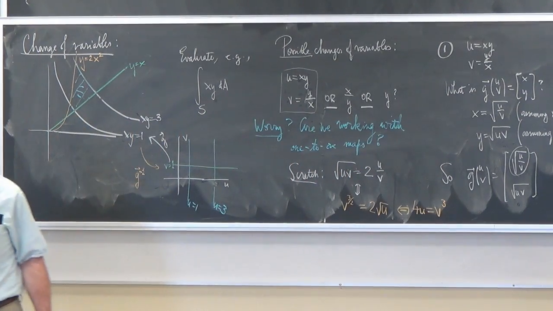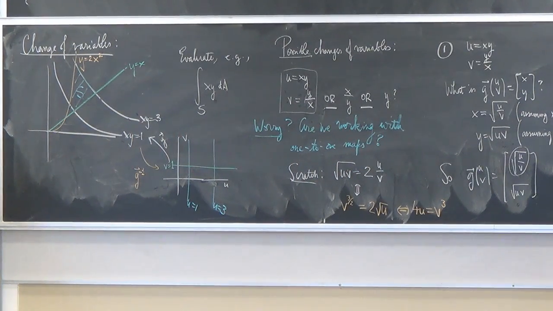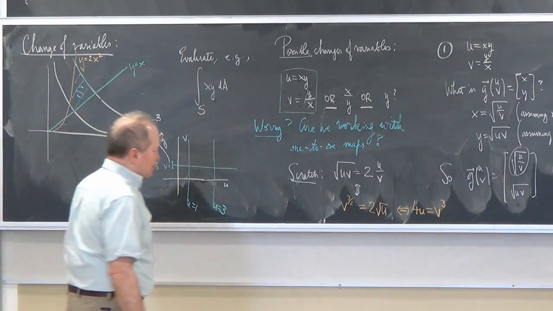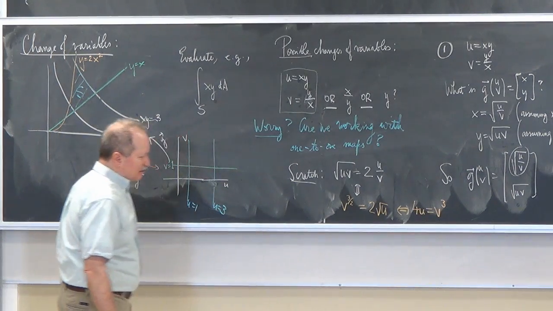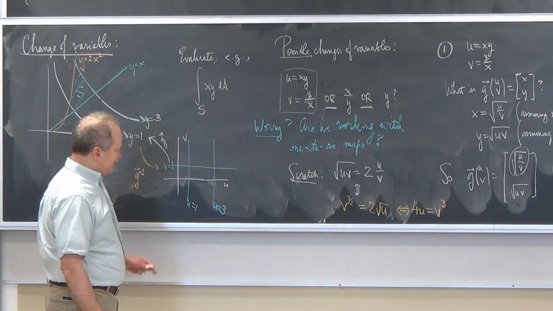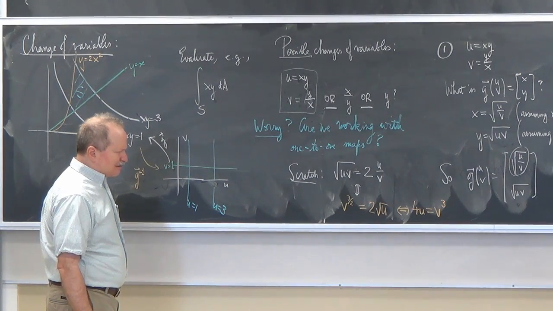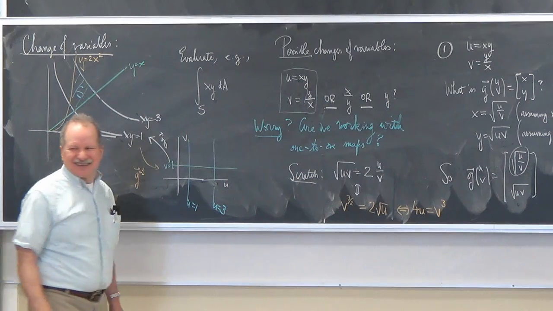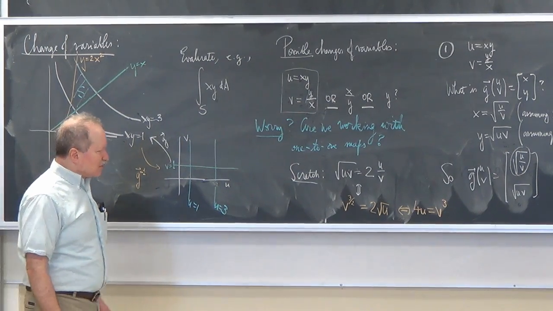Do we agree? So how do I graph that? I can't use v equals 4u over v squared. That's not good. u equals v cubed over 4, correct?